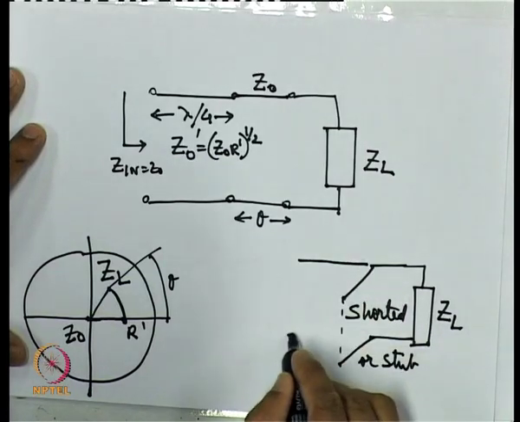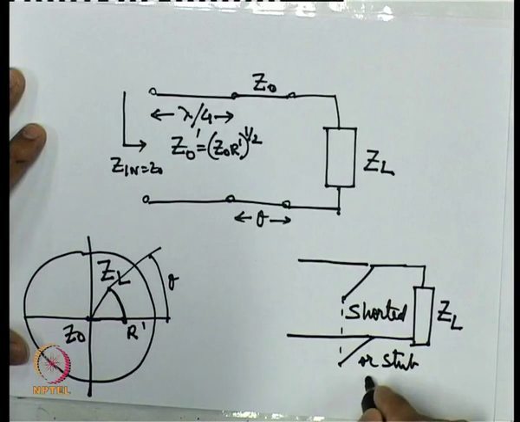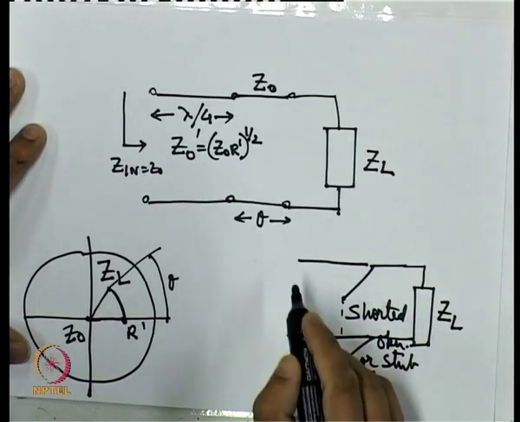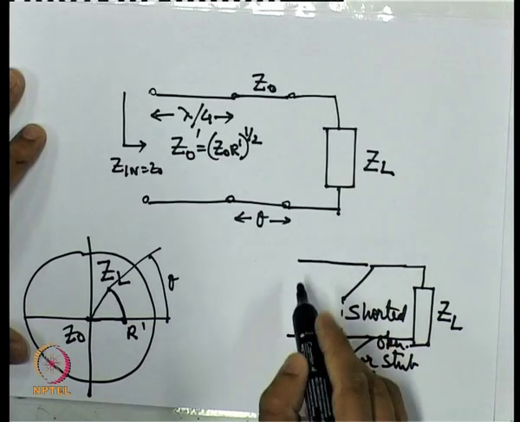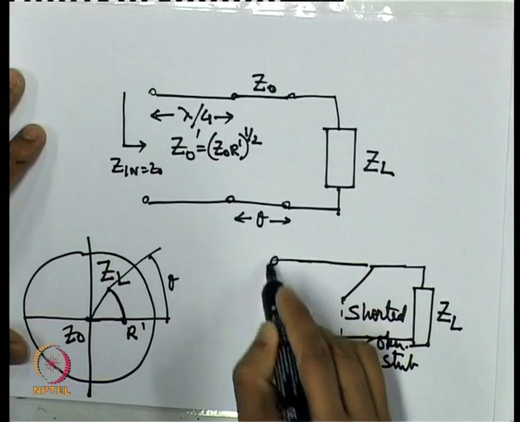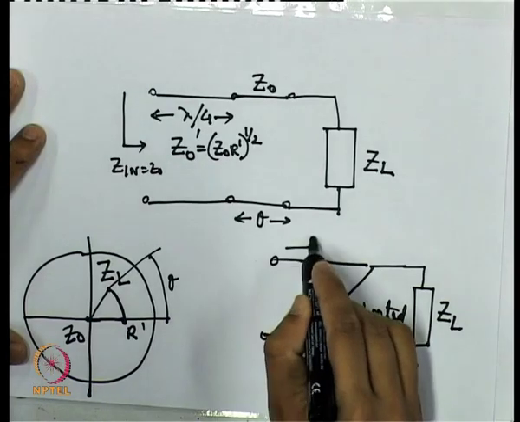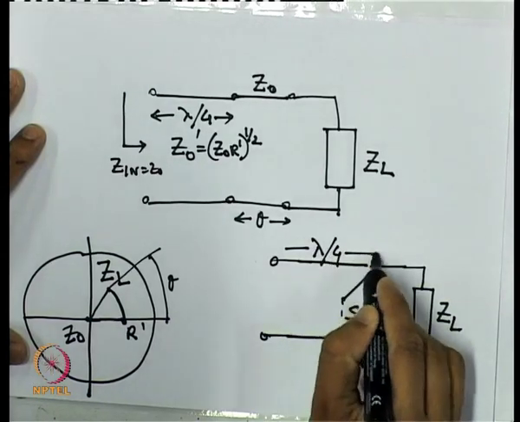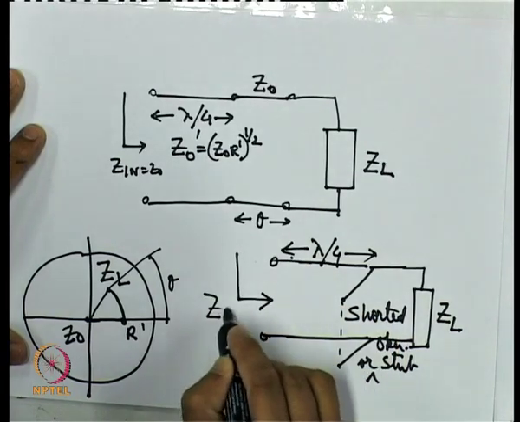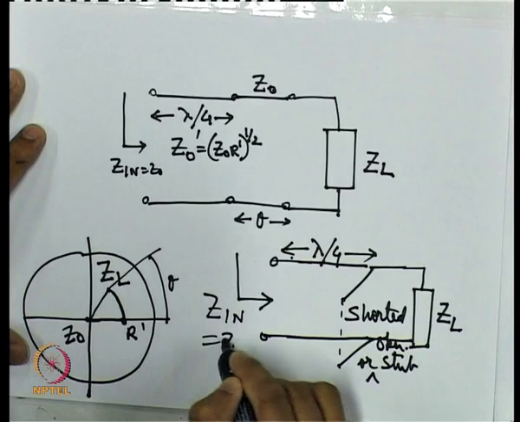The purpose of connecting the shorted or open stub is to cancel the imaginary component of ZL, and then once we have cancelled it, we simply add a quarter wavelength of transmission line to bring the input impedance equal to Z0.